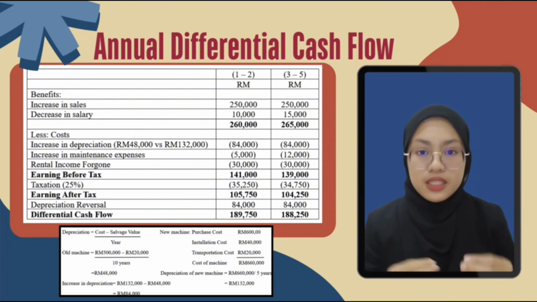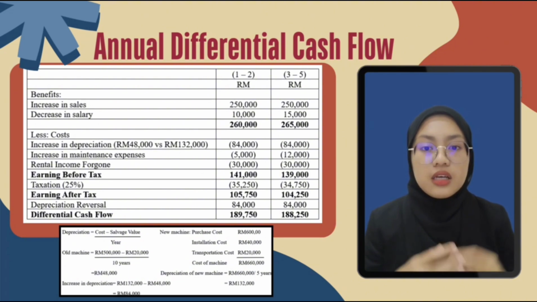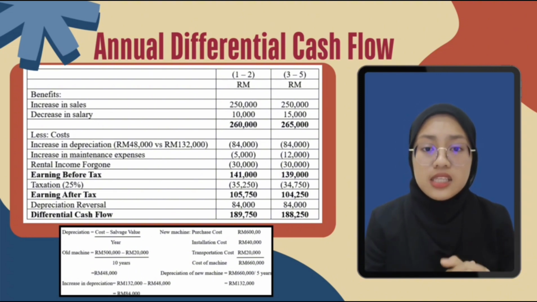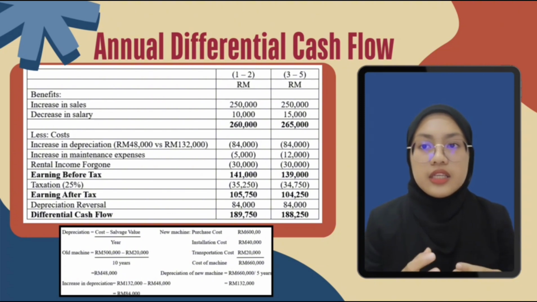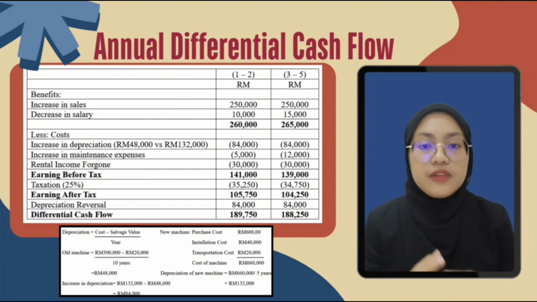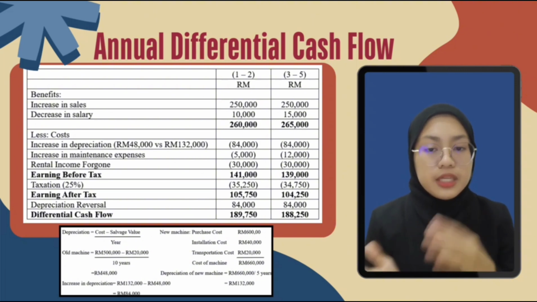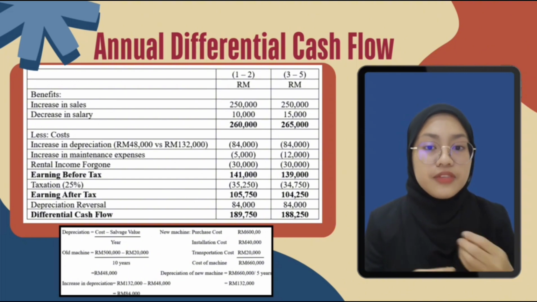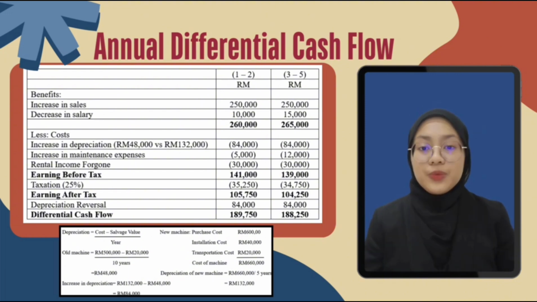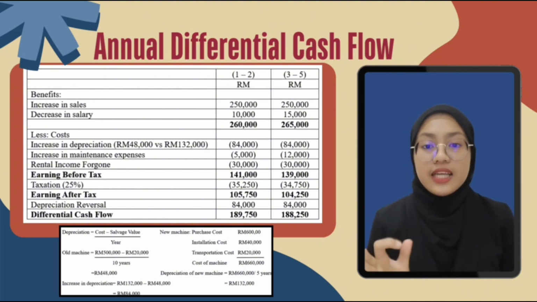So we got the EBT, which is RM141,000, and we need to minus 25% of that for tax, which is RM35,250, and we got the EAT, which is RM105,750. We add back the depreciation RM84,000, and the differential cash flow is RM189,750.